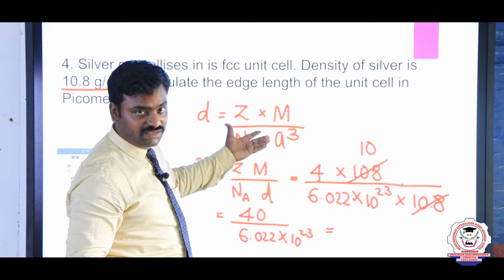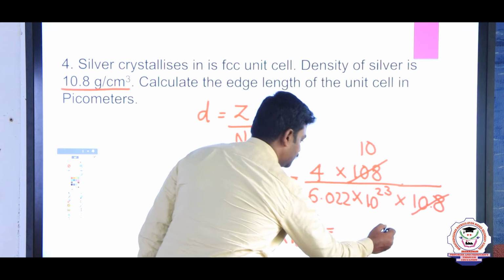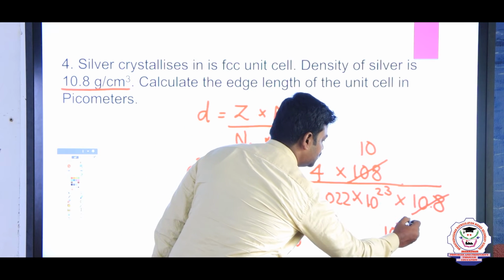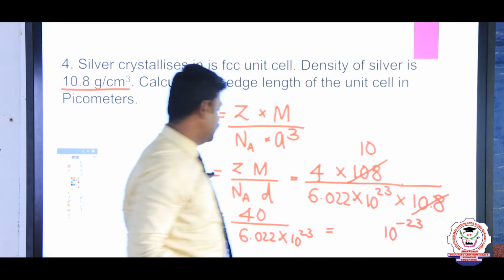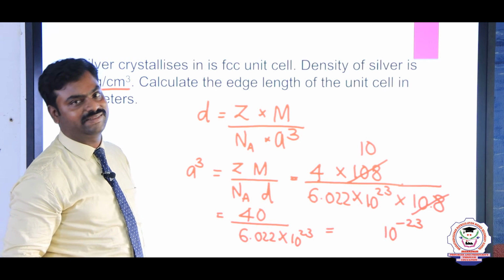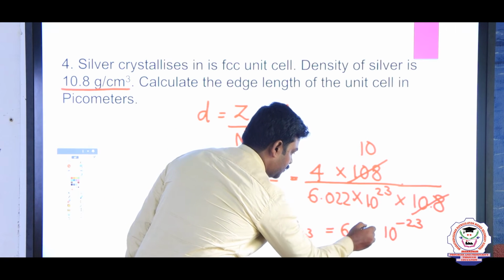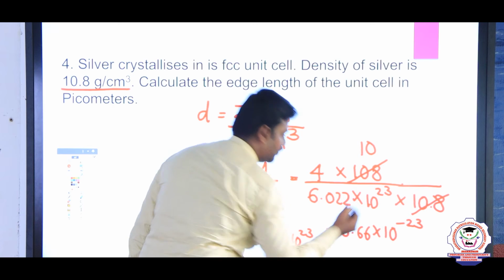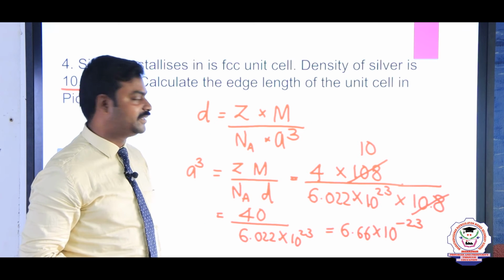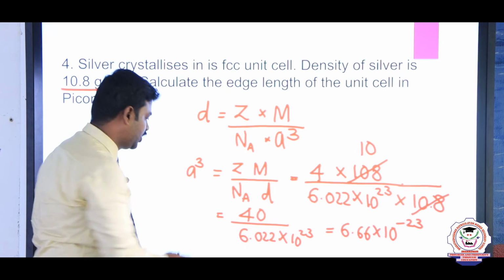When you bring it to the numerator part, it will become 10 power minus 23. What about 40 divided by 6.022? The value is around 6.66. So 6.66 into 10 power minus 23. That is the value of volume, A cube.